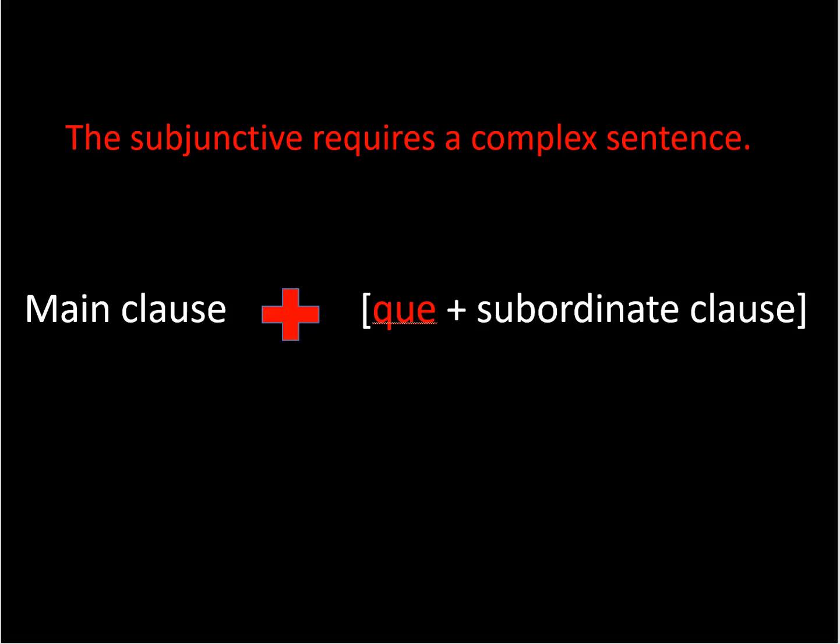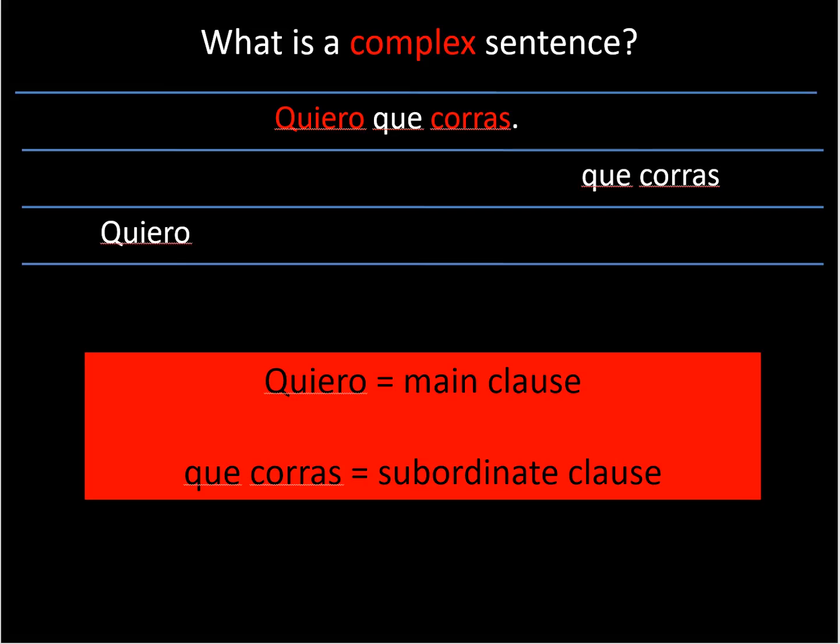A complex sentence. You have a main clause and a connector with a subordinate clause. Your connector is que. So what is a complex sentence? Quiero que corras. Quiero is your main clause. Que corras is your subordinate clause.